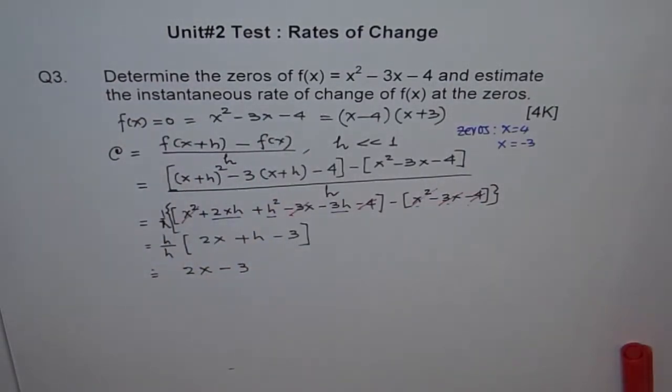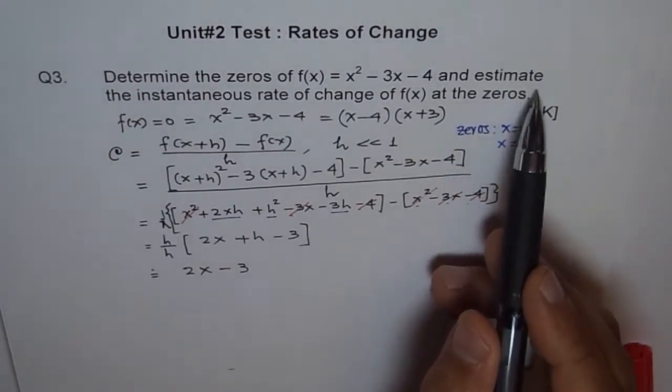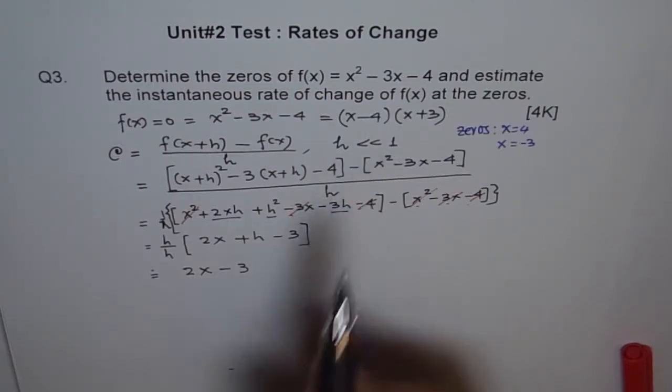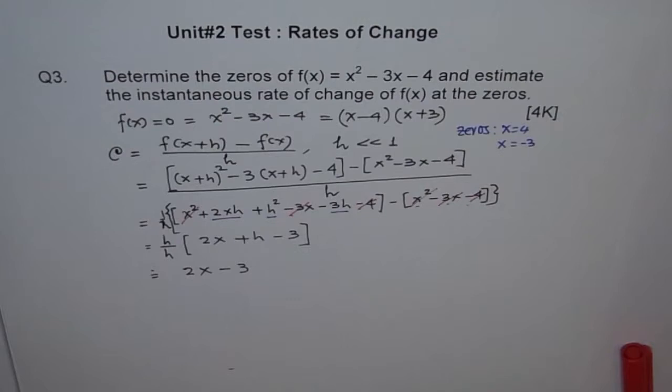Okay, this point most of the students don't really get it when they are in school, and they realize much later that this was always estimated instantaneous rate of change, right? Why estimated? Estimated because the next point is very, very close. h is very small, right? But we can never be there, right?